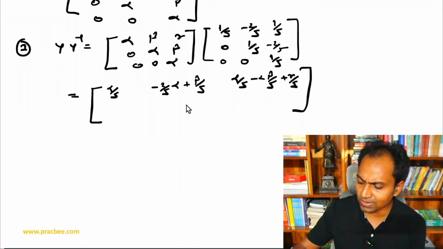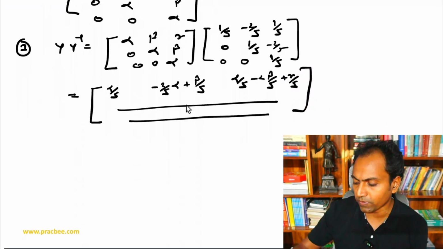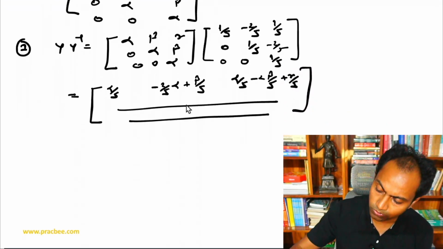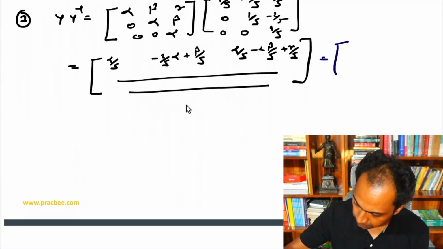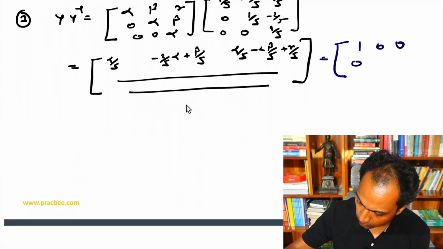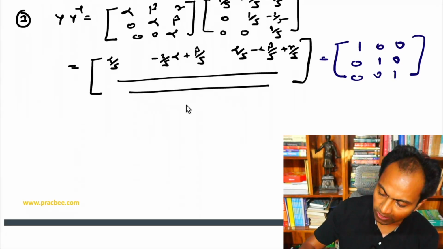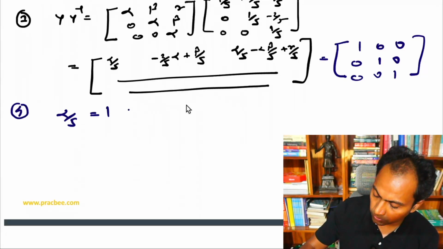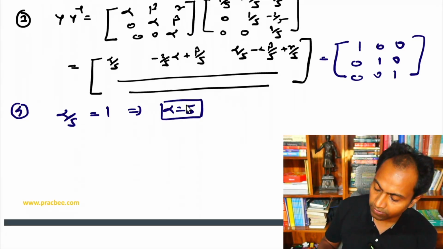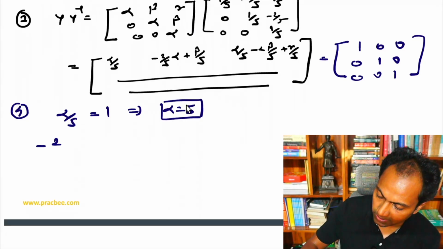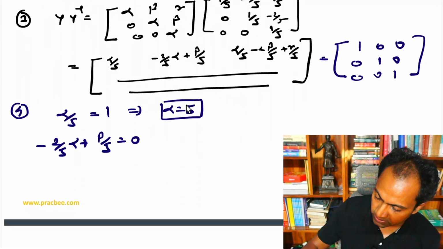So once you have got this, it is not required to find the remaining elements, because all we need to do is compare this with 1, 0, 0, that is nothing but the first row of I. If I compare the first element, alpha by 5 in the fourth step will come out to be 1, so the value of alpha comes out to be 5. If I compare the next element, minus 2 by 5 alpha plus beta by 5, this is nothing but 0.